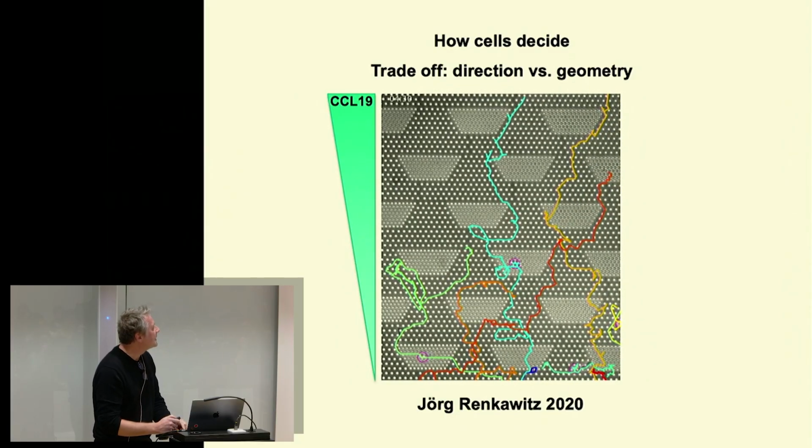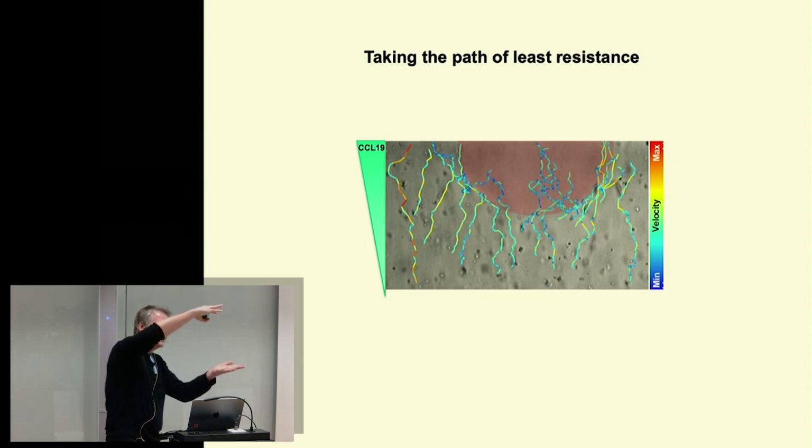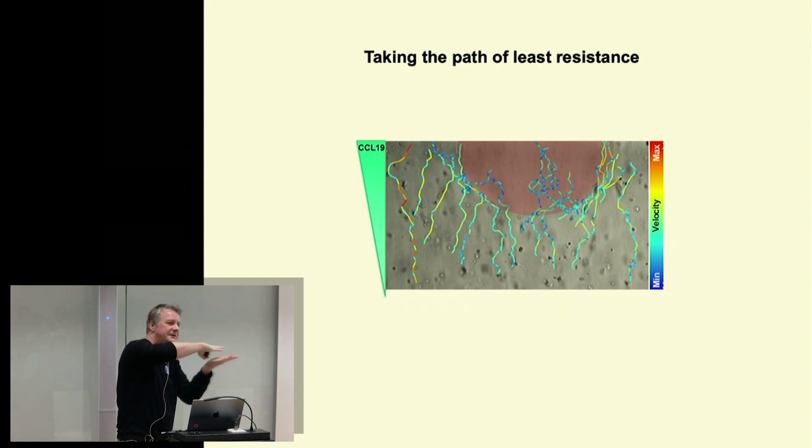So I hop right in with an experiment that Jörg Renkewitz did when he was a postdoc in my lab. I think he was already here visiting a few times. This is an assay where we put a confiner, so two parallel surfaces intersected by pillars, and then we put dendritic cells here at the starting line, and they are attracted by a gradient of the chemokine CCL19.